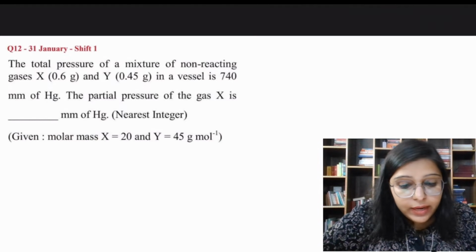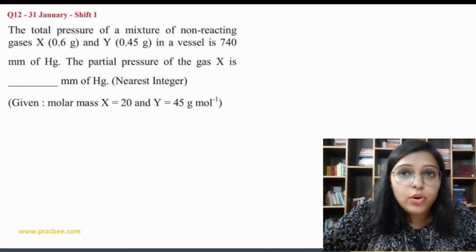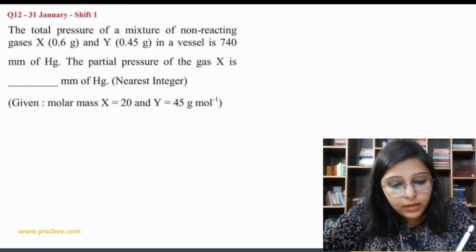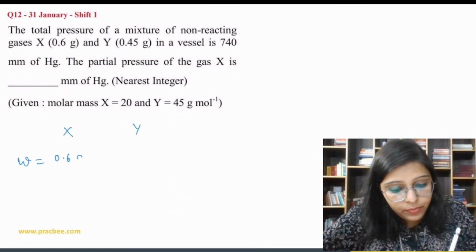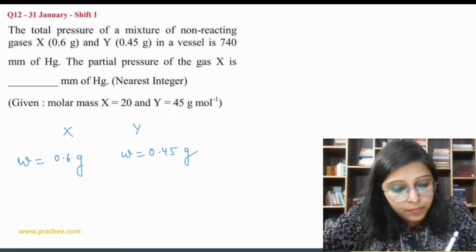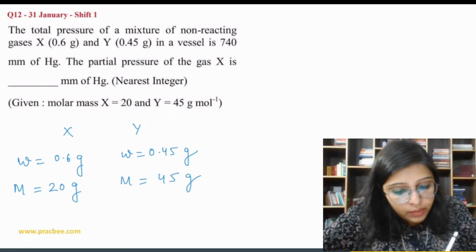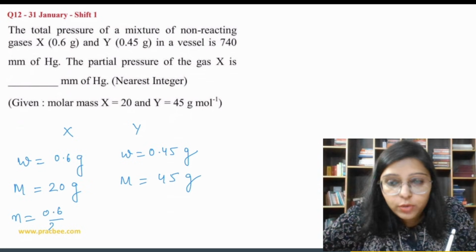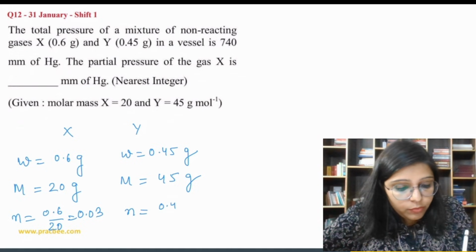Okay. Now let's do the next question. The next question says the total pressure of a mixture of non-reacting gases X and Y. So we have X and Y. The mass is 0.6 gram and here the mass is 0.45 gram. Okay, beta. Molar mass is 20 and here molar mass is 45. So it means the number of moles is 0.6 upon 20, which is 0.03 mole, and here the number of moles is 0.45 upon 45, which is equal to 0.01 mole.